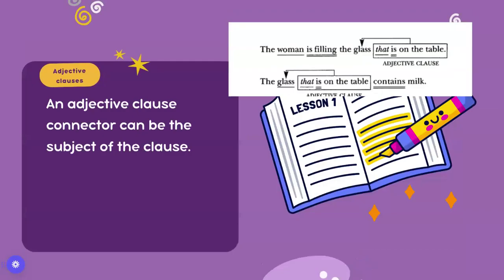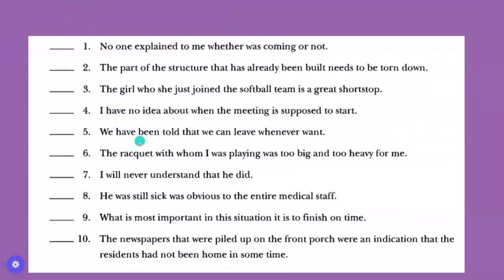And in this case, we have the racket. The racket is an object. So we should have the racket with which I was playing was too big and too heavy for me. I will never understand that he did.